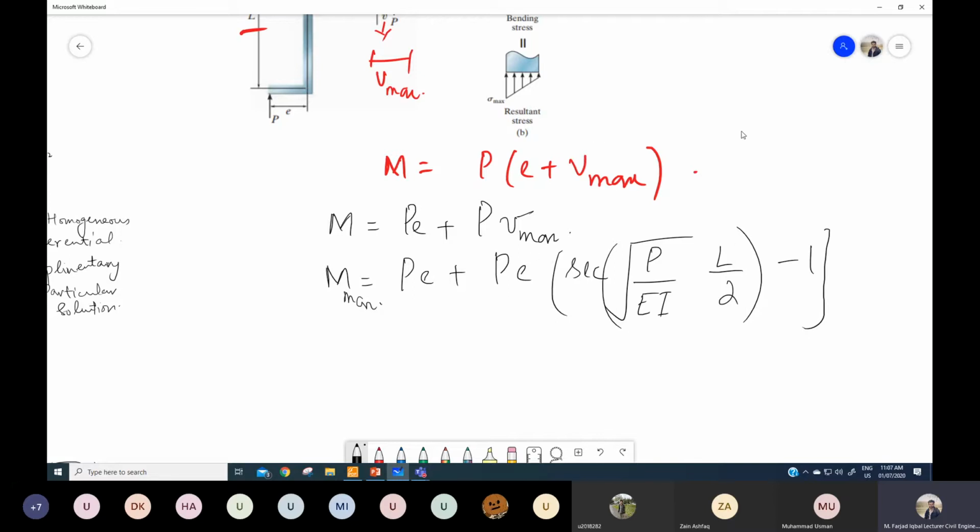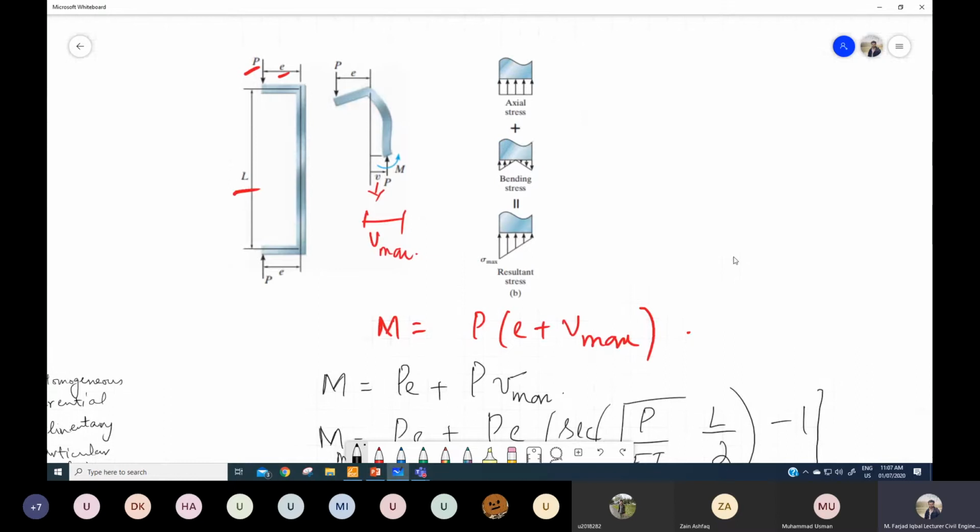Also, we know that there are two loads acting on the cross section: one is this axial load P and the other is this bending moment. If we want to compute the combined stresses, this axial load P is also producing compressive stresses, and this bending moment is producing compressive stress on this face, let's say, the right face.